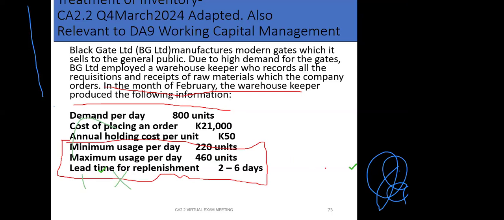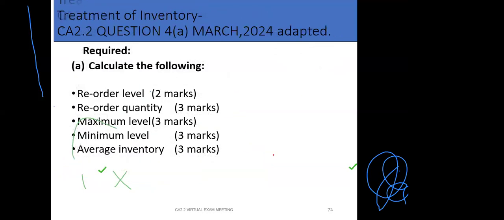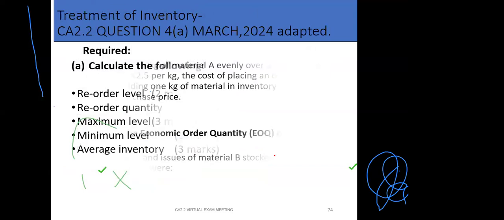When they put a range like this, it means 2 is the minimum lead time and 6 is the maximum lead time. Okay, so this 800 also, I think, will be used for part A for the inventory level formula. Cost of placing an order, 21,000. Annual holding cost, that's for the economic order quantity formula requirement.